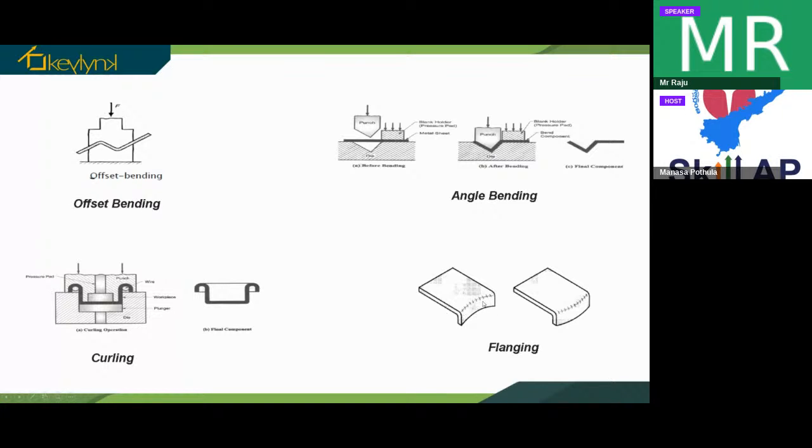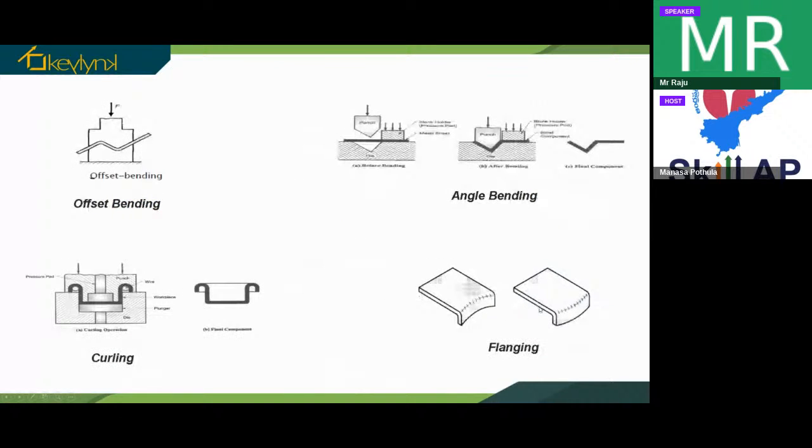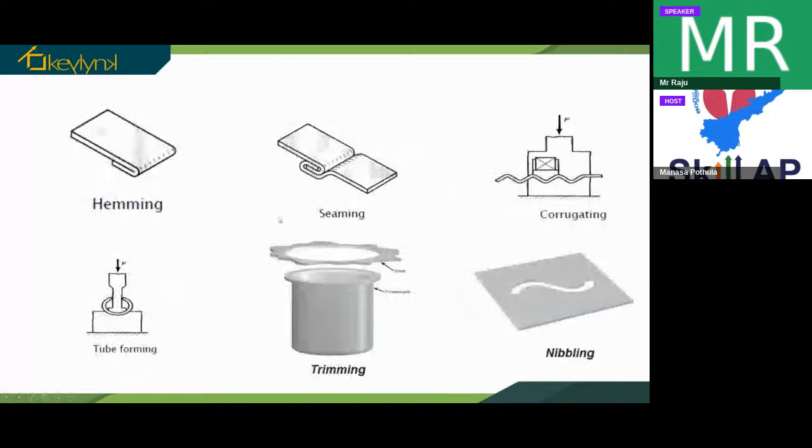So we will use tensile and compression forces here. The first type is the convex type of bent structure, which is called stretch flanging, and the concave portion of the flanging we call shrink flanging. These are the two types of flanging to strengthen the bend structure at the end of the sheet metal.